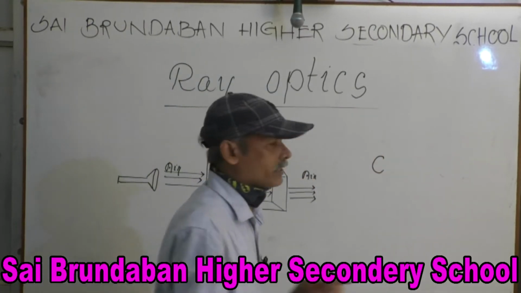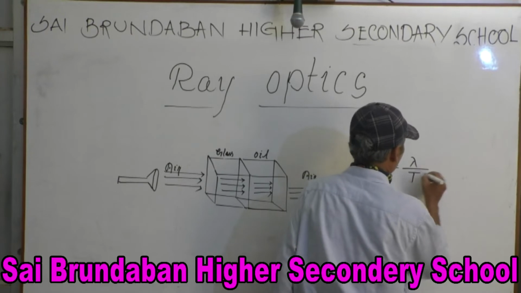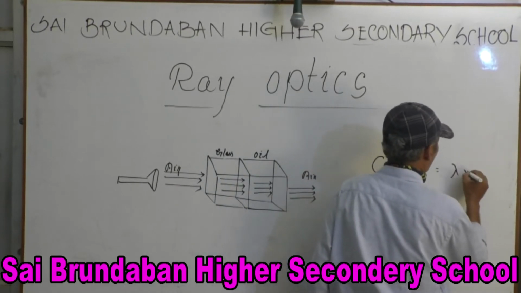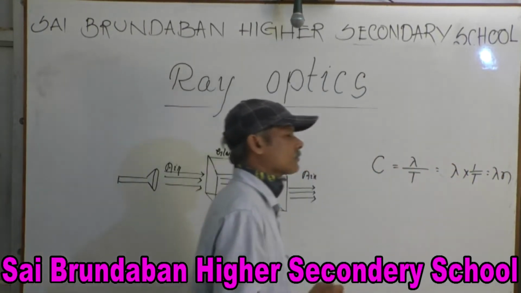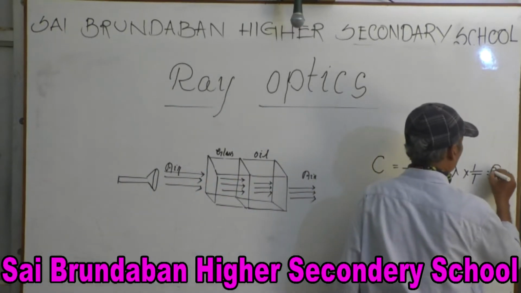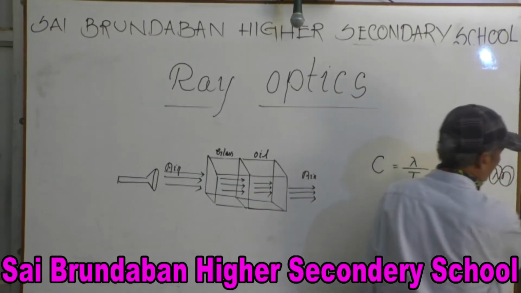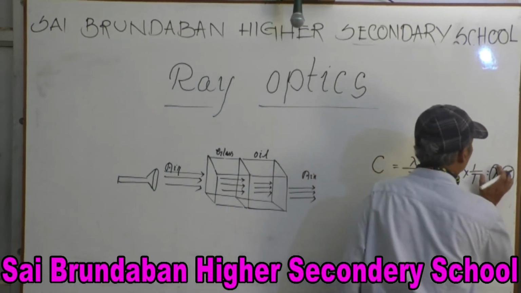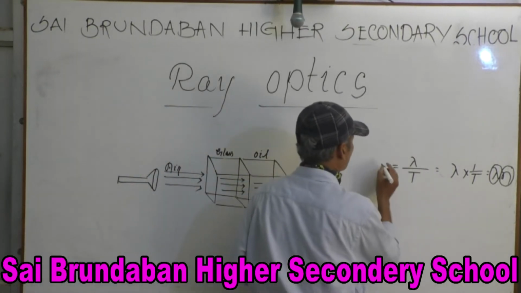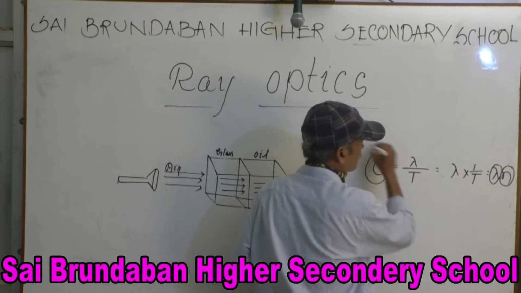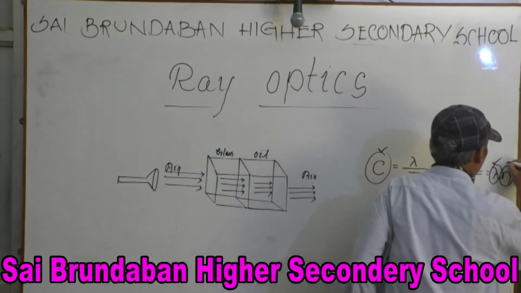Earlier I have stated to you that C is equal to lambda by T, which is equal to lambda into 1 by T, which is equal to lambda into n, where lambda is the wavelength and n is the frequency. So now here are 3 parameters, 1, 2, 3.